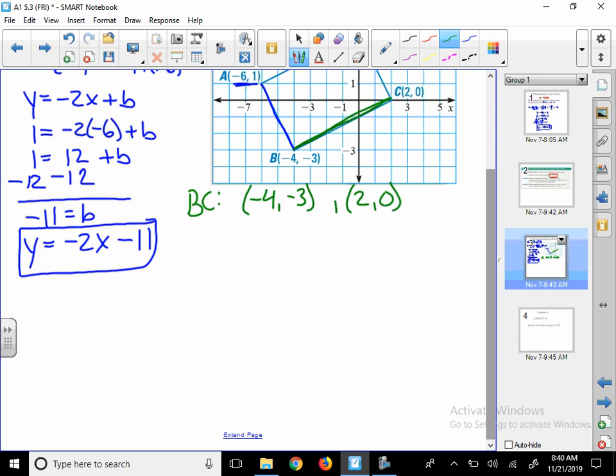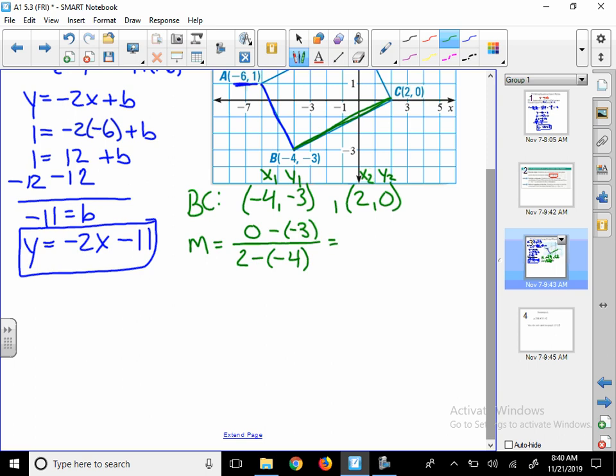And I'll label -4, -3 as x sub 1 and y sub 1, which will make 2, 0, x sub 2, and y sub 2. So to find my slope, use the same slope formula that we've been using. I'm going to take 0 minus a -3 all over 2 minus a -4.